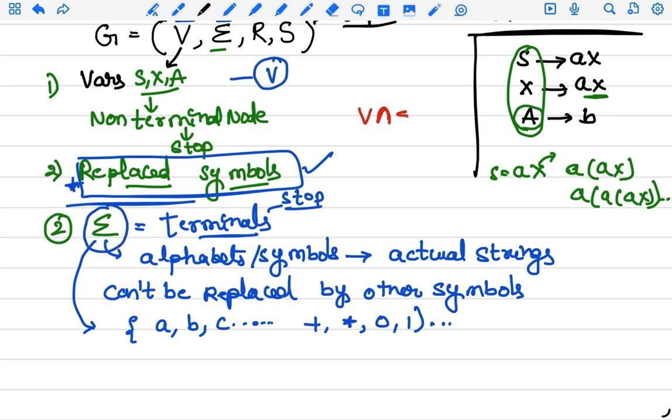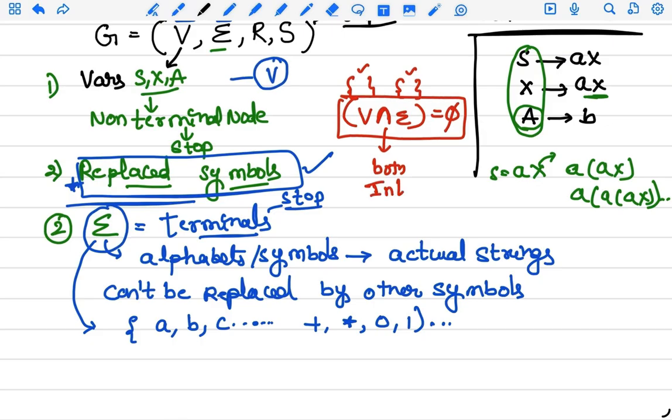The intersection of V and sigma is the null set, that is, the elements in both variables and terminals in common are the null set.